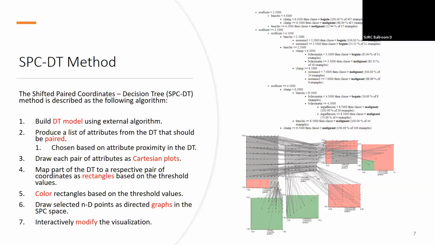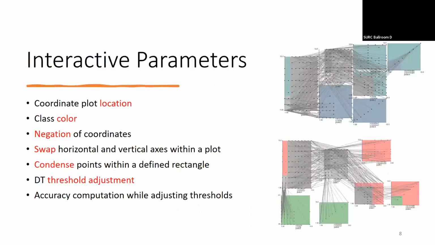Then, once we have the visualization, we can run data through it, and a domain expert would be able to interactively modify it. There's a handful of ways they can do this. The first is rearranging the plots. They can change where the plots occur, and that alone can really help the visualization process. We can change the class color for classification zones.